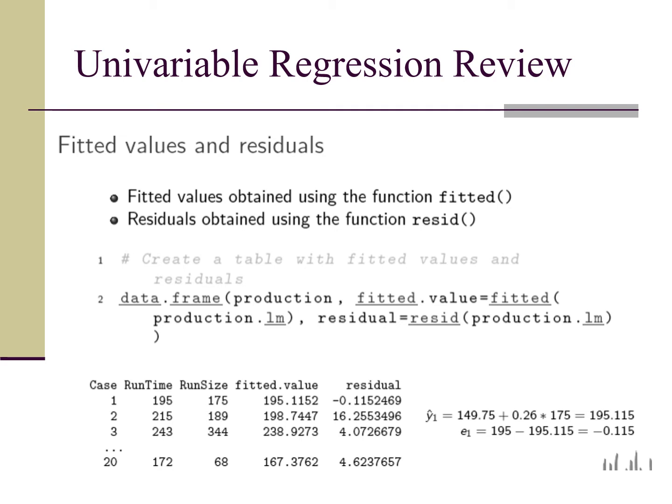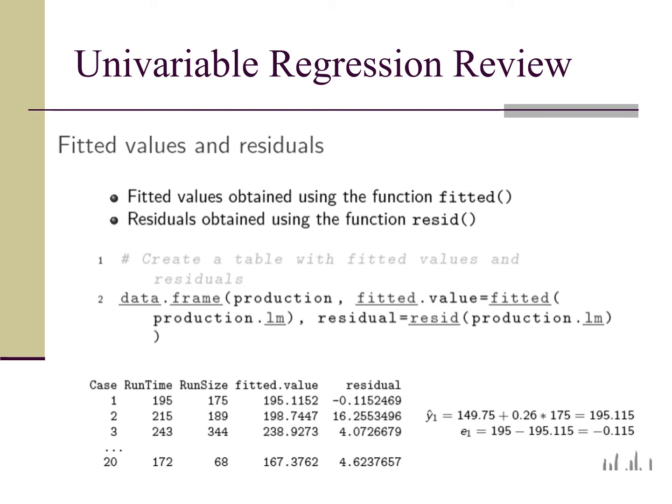R provides you with some functions that allow you to get at important parts of the regression output. So fitted will tell you what the estimate for a particular case is, and residuals will tell you what the residual for that case was.